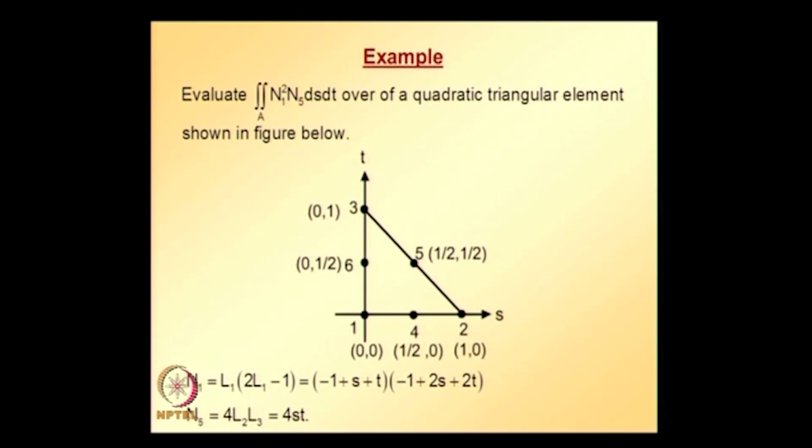We need to substitute these N1 and N5 values into the area integral N1 squared N5 ds dt, then decide the number of integration points, evaluate the function at those points and multiply with the corresponding weights to estimate this integral.